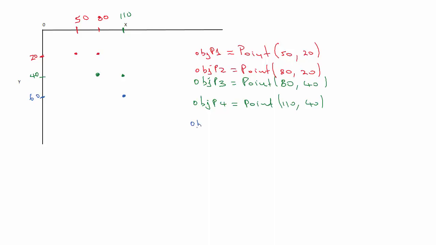We write the obj, it's a point, and the coordinates are 110 for x and 60 for y. Last but not least, this will be the next. The coordinate for that is x. Let's assume this is 140, and the coordinates for that y is 60, the same. One more object, let's call it 6. It is a point with coordinates 140 and 60.